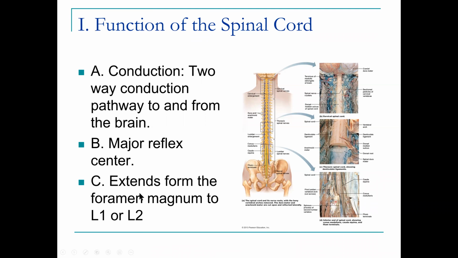Notice the spinal cord extends from the foramen magnum. If you remember the foramen magnum, in Latin, that meant big hole, down to L1 or L2. Okay, it doesn't go down into the sacrum. Now, spinal nerves go down into that general area, but the spinal cord itself goes down to L1 or L2. That's why if you're going to do a spinal tap, you usually do the tap somewhere around L3, L4.